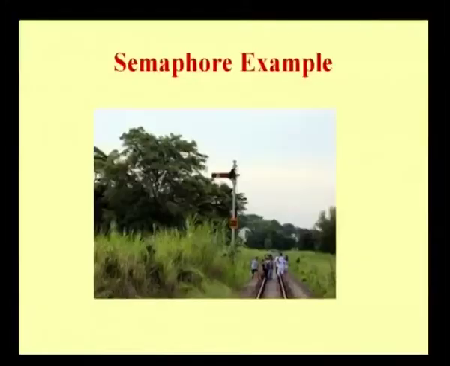So, here is an example, and this point is called a semaphore, wherein this is said to be a signal. If this signal has been put in a horizontal manner, it means both the commuters and the railway tracks can be used. How can we use the railway track? In terms of making a crossing between the tracks.